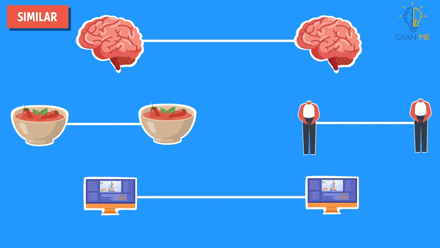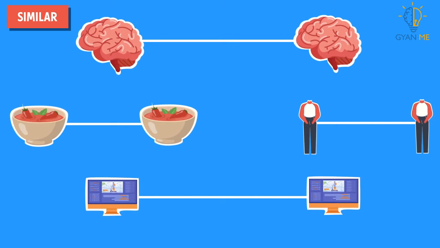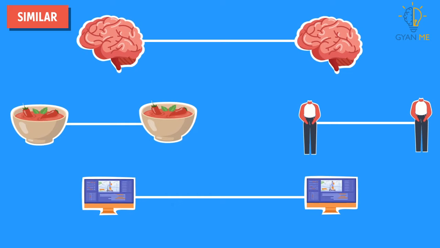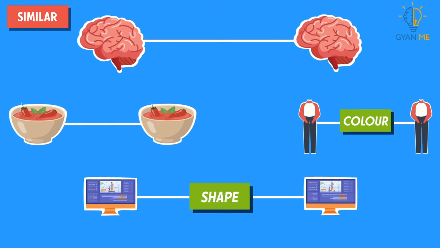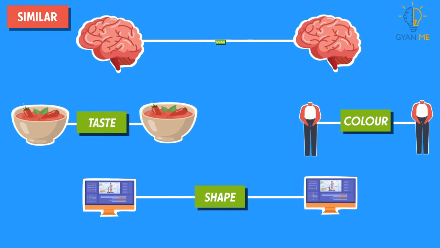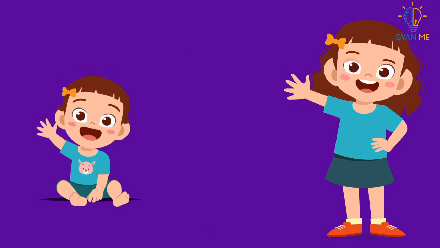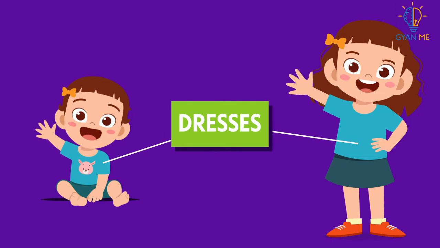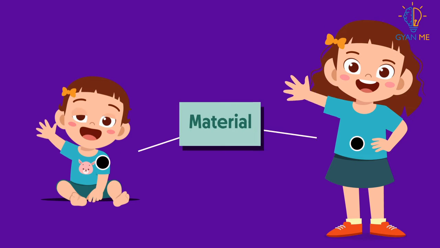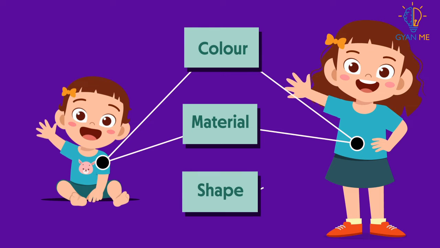For two things to be similar, there should be some properties or characteristics, like color, shape, design, taste, etc., common between them. Now observe these two dresses. Are they similar? Yes, they are, as they have common material, color, and shape.